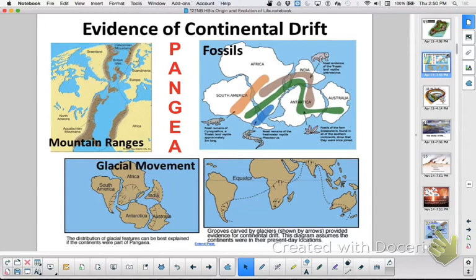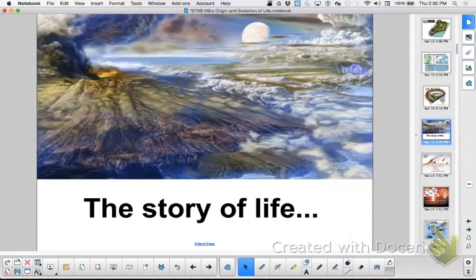All right. Then we talked about early Earth. Early Earth, in a nutshell: at first, the early gases were gases that came out of what? Volcanoes, right? And then there was water, but there was no oxygen. So what kind of environment was it?